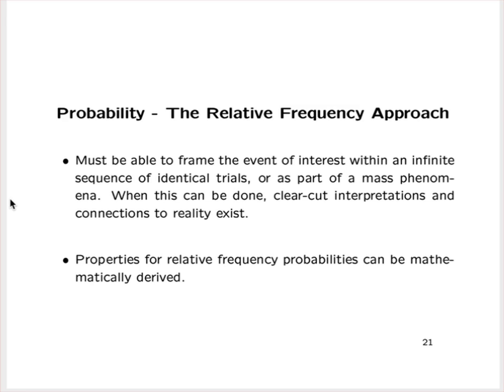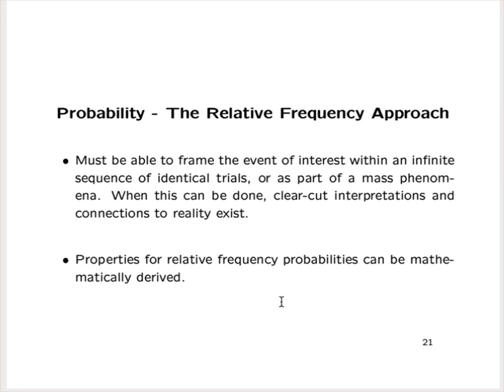So again, we need to be able to think about the event of interest in the context of an infinite sequence of trials, for example, flipping a coin or rolling a die, or as part of a mass phenomenon. So for example, gas molecules in an enclosed box would be an example of a mass phenomenon. Another example would be interactions going on in a population of people.